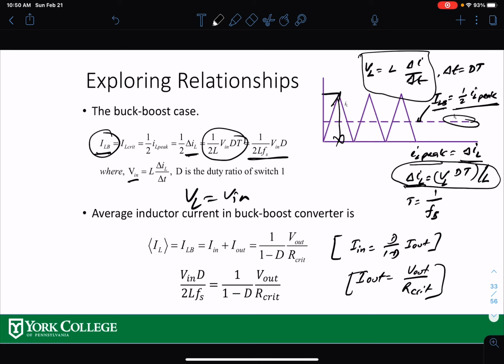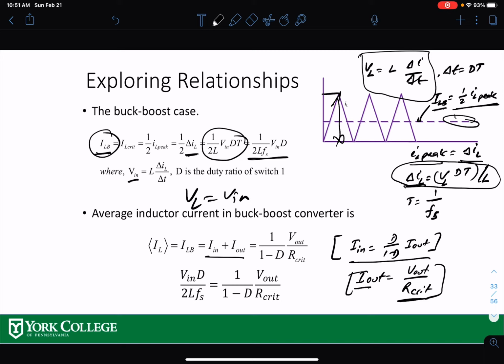Also, in a buck boost converter, you know that your inductor current is basically a summation of input current and output current. The input-output current relation is right here. If I use this back in this equation, and also your I out is V out over R critical. We're looking at the critical resistance at the output of the converter.